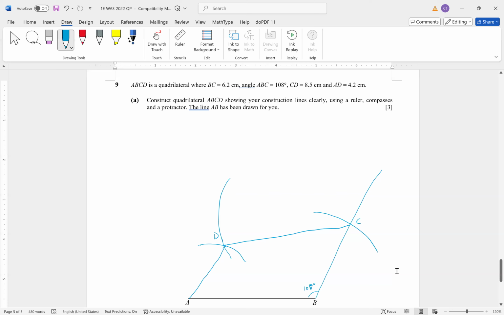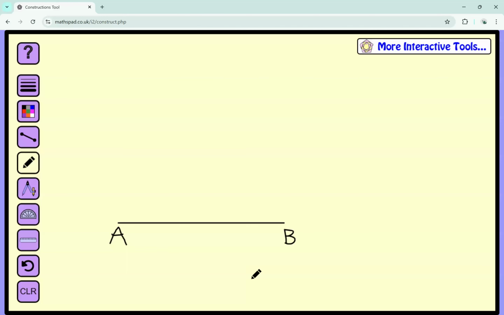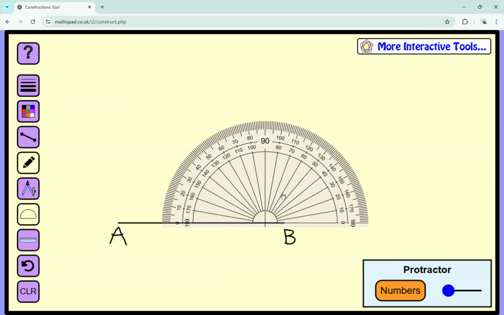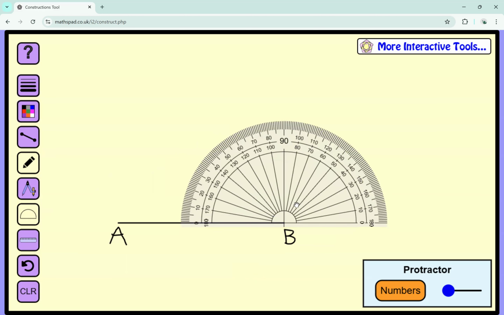So AB is already given to us. The first thing is we want to measure angle ABC, which is 108, so we will bring out the protractor. Looking at the outside scale, 0 to 90, then 90, 100, 108 will be somewhere here, so mark out here.